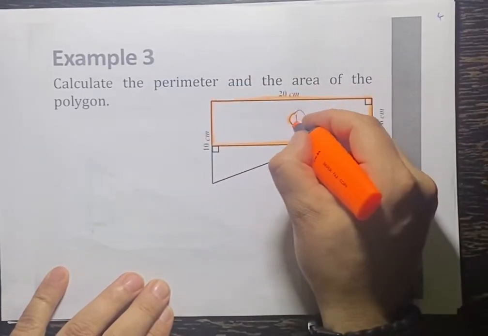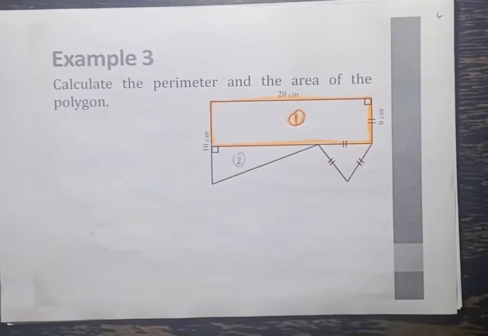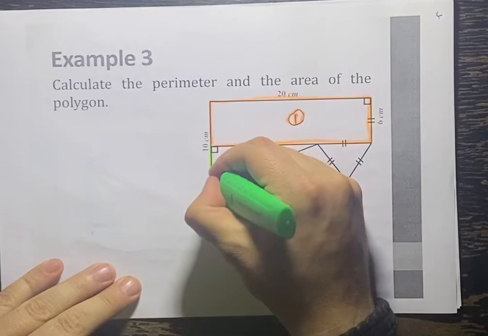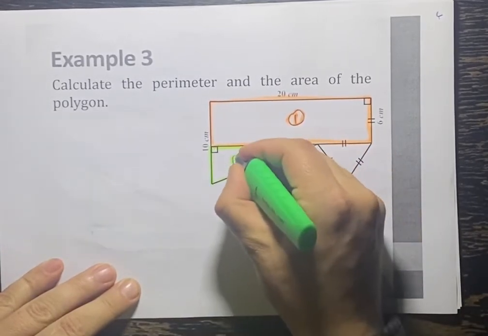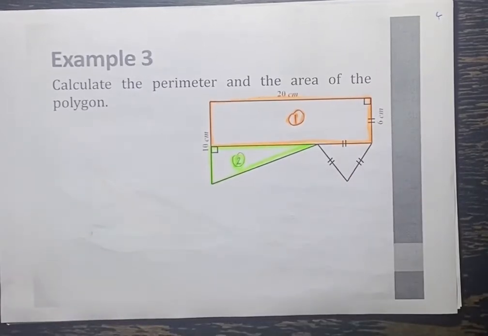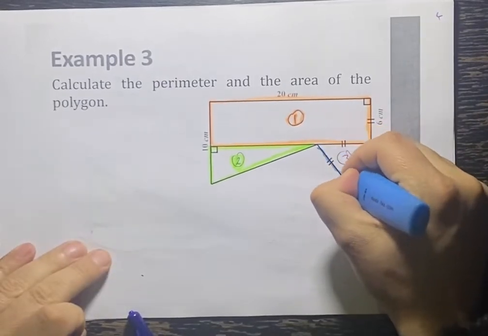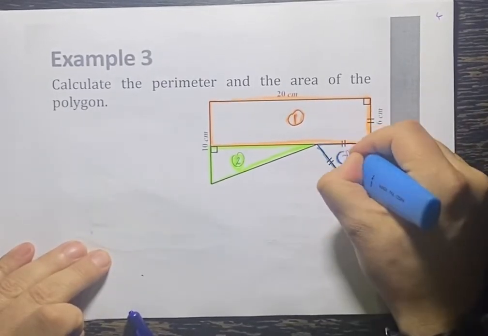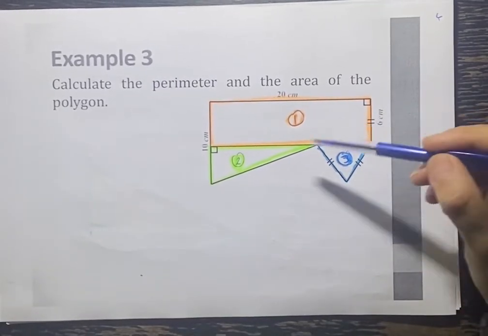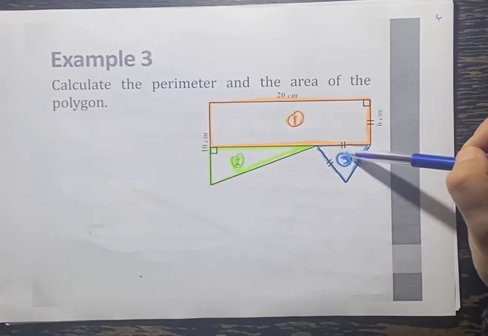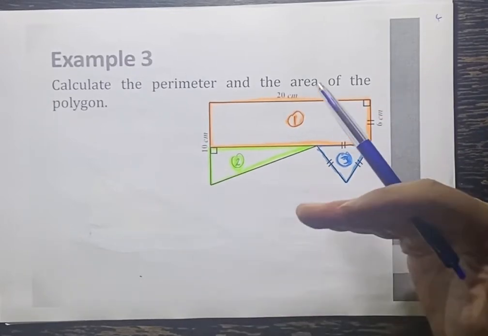Then I can call this one shape 2, and that can be this triangle over here. And this one over here we can call shape 3, which would be another triangle. For these three shapes, we know the formulas for a rectangle, and likewise for the triangles. So break these shapes down into shapes that you know.